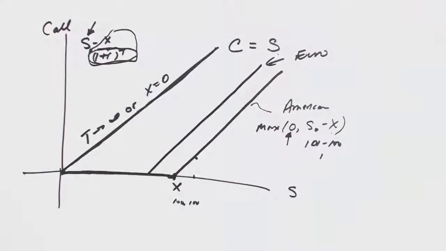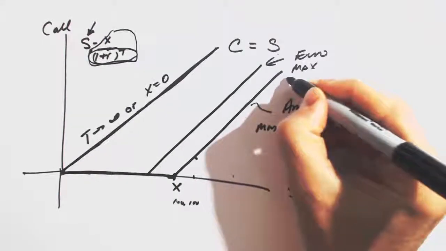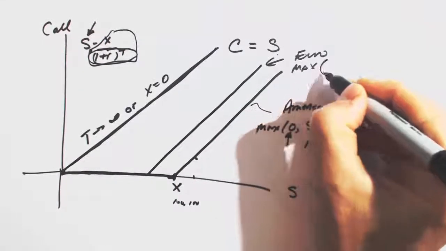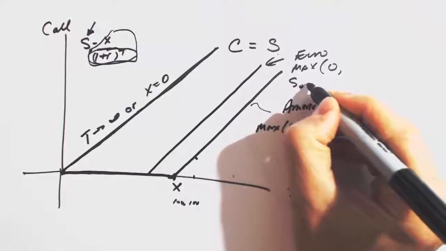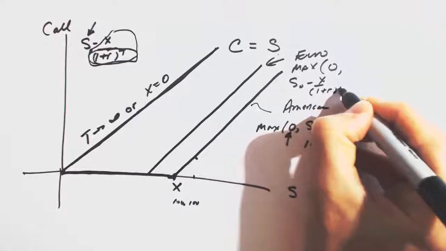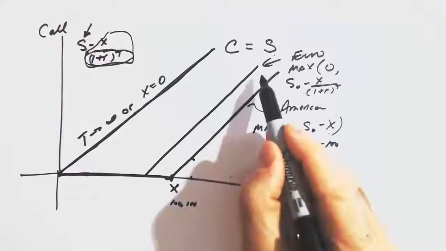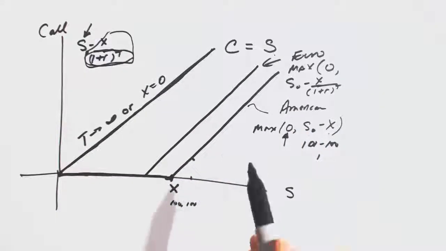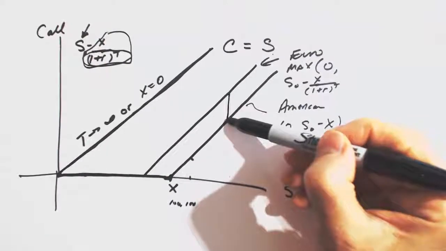Just abbreviate Euro, and that's the maximum of 0 or S subscript 0 minus the present value of the strike. Okay, so that's the European boundary condition.